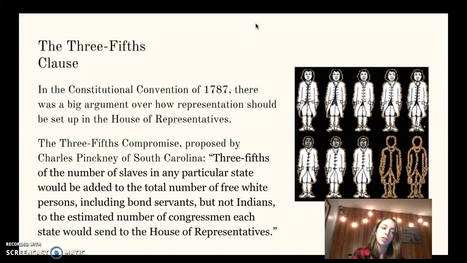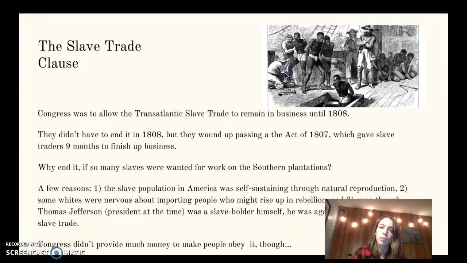Because we know that for the Senate, it's two senators from each state, right, to make up that legislative body. And then for the House of Representatives, currently we have 435 members in there, and it's divided up based on the populations of states. And so this was a big deal to Southern states.